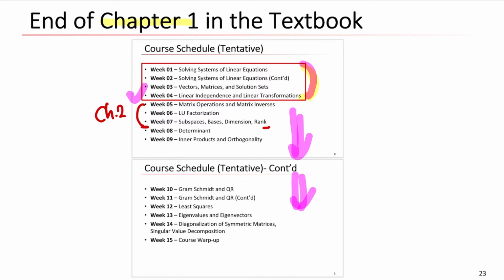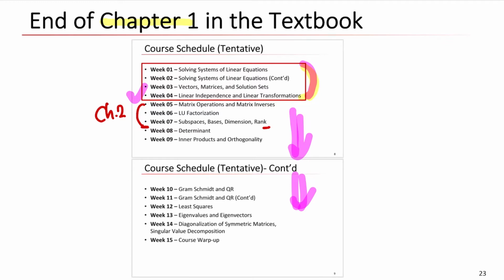And what was the LU factorization in last week's lecture? We can decompose an arbitrary matrix A into a matrix L and a matrix U, right? So why do we need the LU factorization, or LU decomposition? We want to solve AX equals B, right? In this whole course, we are interested in solving AX equals B or AX equals 0.